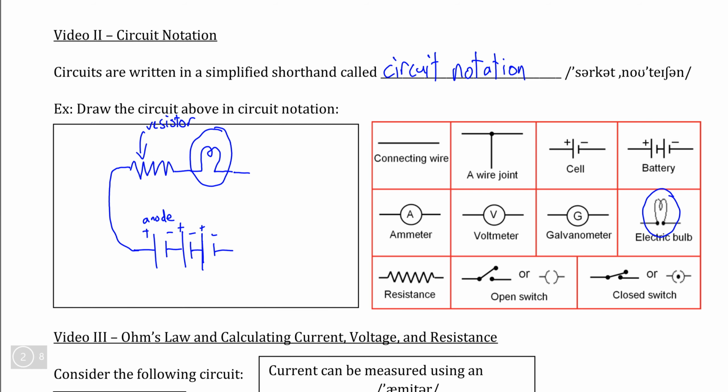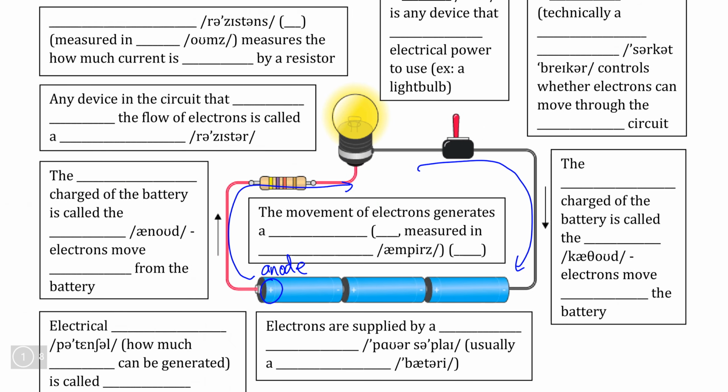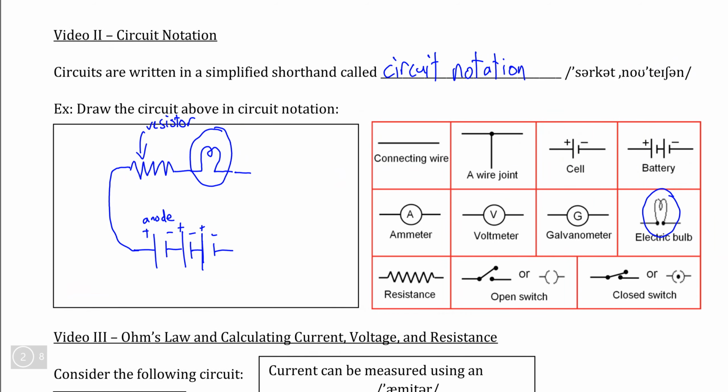And then after the light bulb, if we check our circuit on the previous page, we see that it goes through a switch or a circuit breaker here. The way that a switch works is relatively simple. We can draw the switch like this. If we represent the switch like this, this is what the switch looks like in the off position, because here we can see that our circuit is broken.